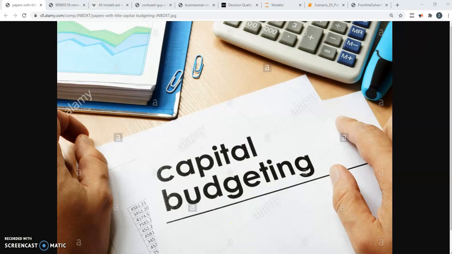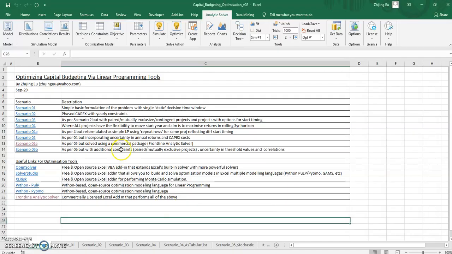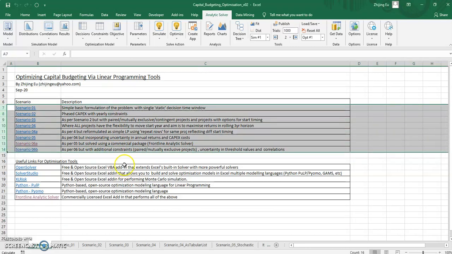So in the preceding videos, we've done a whole bunch of scenarios where the assumptions got more and more complex to eventually reach something that hopefully looks a bit more like a real life situation.